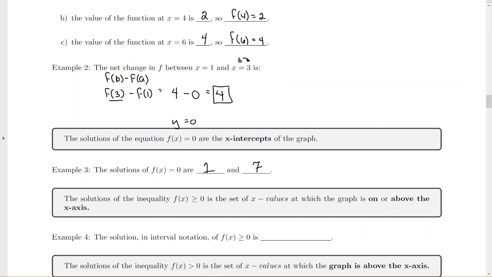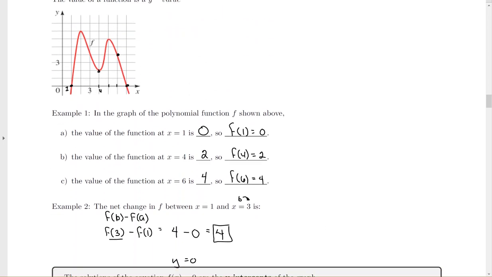The solutions of the inequality, where is f of x greater than or equal to 0, the set of x values for which the graph is either on or above the x-axis. Again, we're looking for where your y values are either equal to 0 or positive numbers. So when I look back at my graph here, y equals 0 is right here, and anything above that, my y values are going to be positive values.